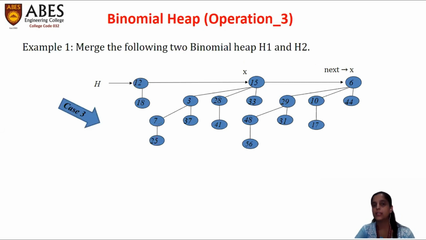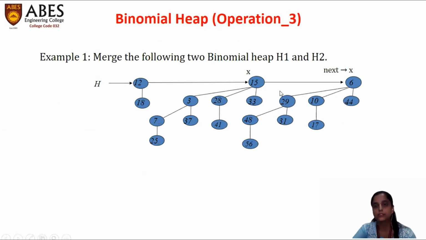So again, we'll apply case number 3 here. So we'll check. See, the key value of x is greater than key value of next x. So what we're going to do, we're going to remove 15 from here and attach it here.